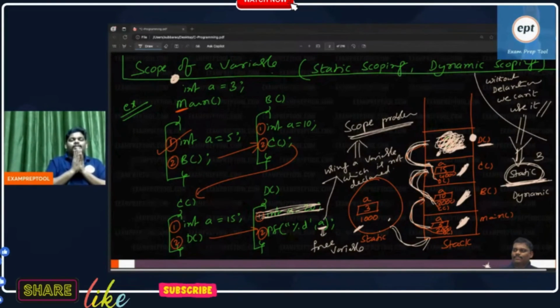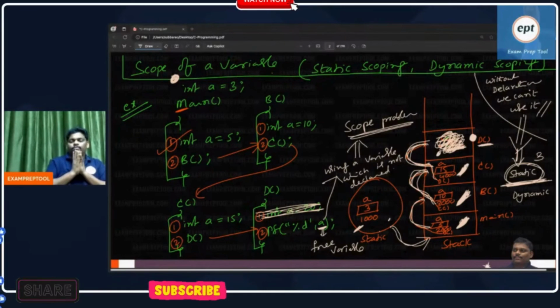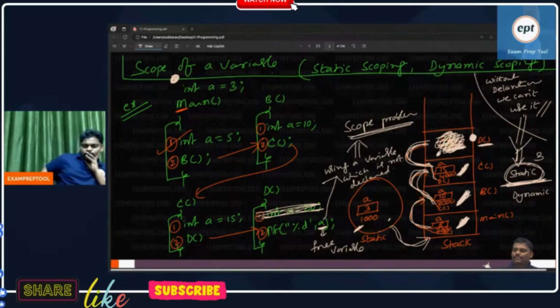In some languages the compiler does it, in some the processor does it. Solving the problem early or solving the problem afterwards, which is easy? Static is easy. Dynamic is complex.